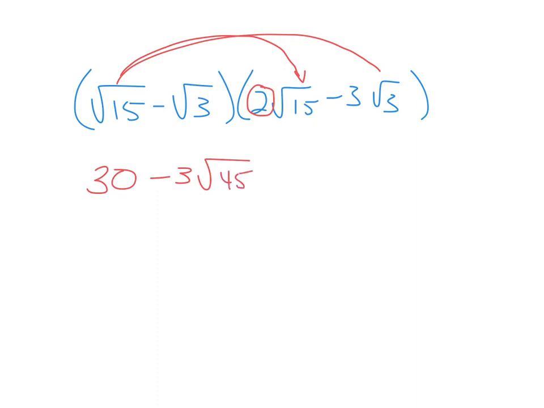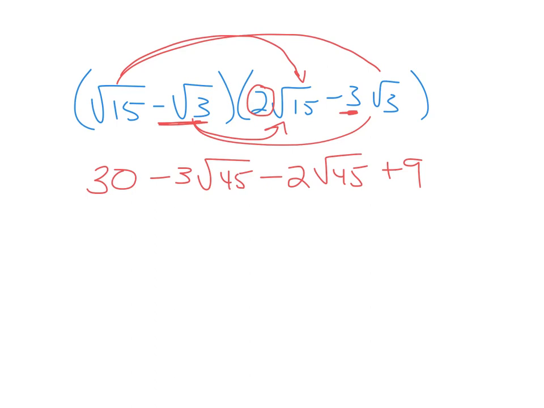And we can simplify that later if we need to. And then the next one is negative root 3 times 2 root 15. So that's going to give me negative 2 root 45. And then the last two, root 3 times root 3 is 3, and 3 times 3 is 9. So this is actually going to be plus 9.